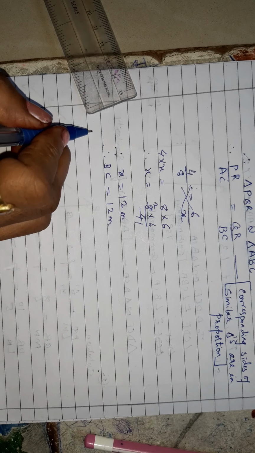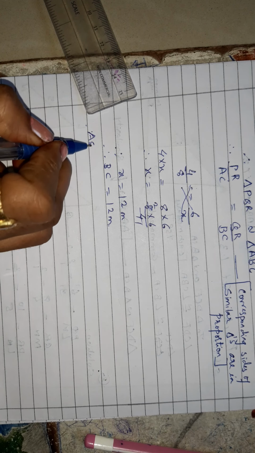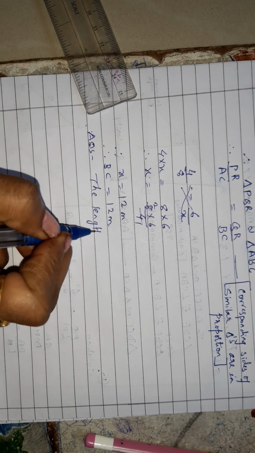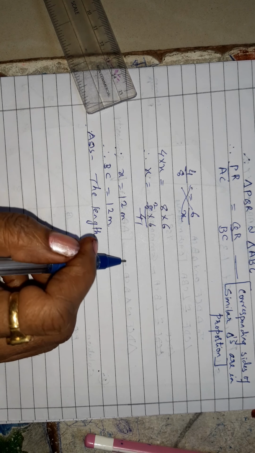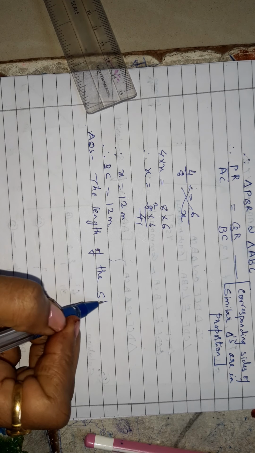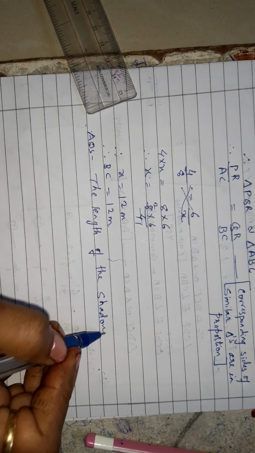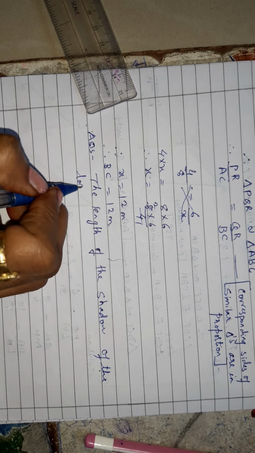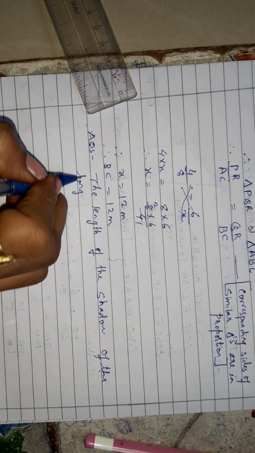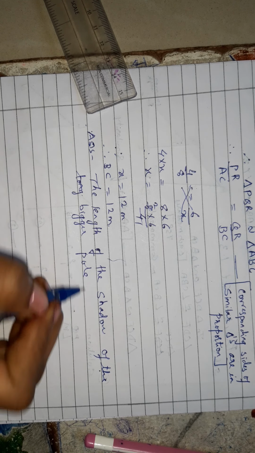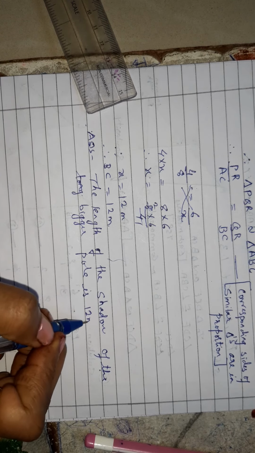And what is this X? Answer: the length of the shadow of the longer or the bigger pole is 12 meters.